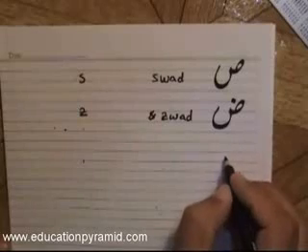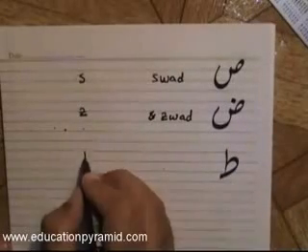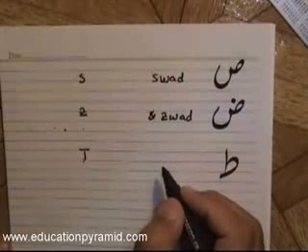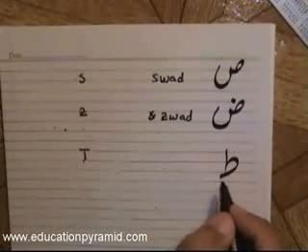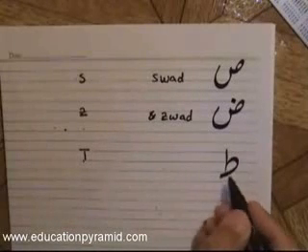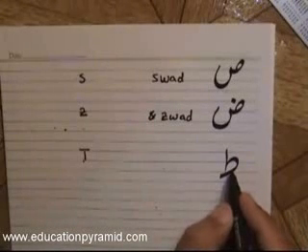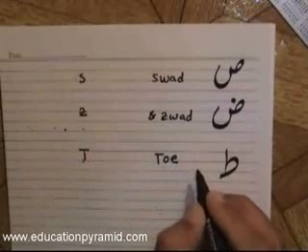Then we have toy. This is the T sound, toy. We use the part of the nose when we read this letter, toy.